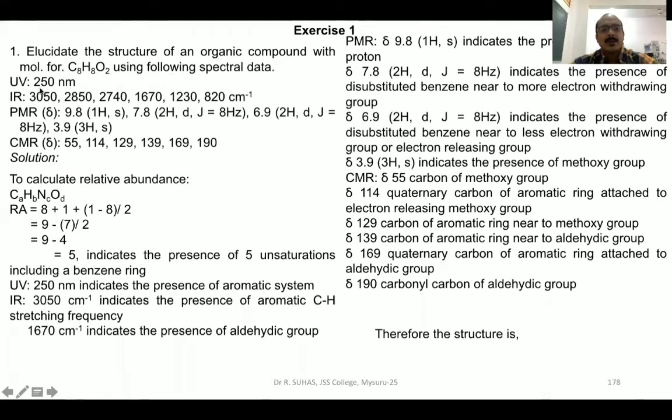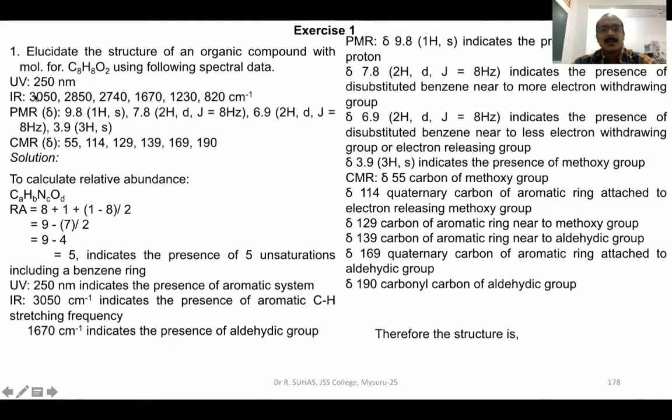UV, they have given 250 nanometer. So 250 nanometer indicates that the compound could be an aromatic system. IR: 3050, 2850, 2740, 1670, 1230, 820 centimeter inverse. When many IR values are given, you don't have to worry too much about assigning all the different functional groups.